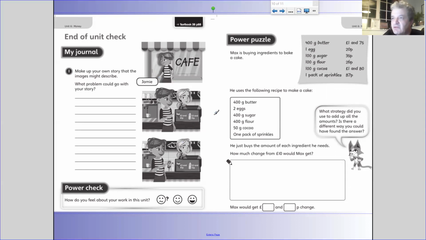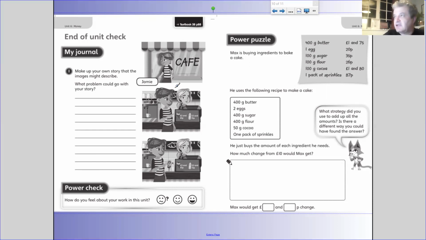What I want you to do, I want you to think of a problem and write it down. Okay, so you're making up your own story that the images might describe. So it could be Jamie goes into a cafe and orders some prices here. How much change does he get? So think about the type of questions you can write yourself.